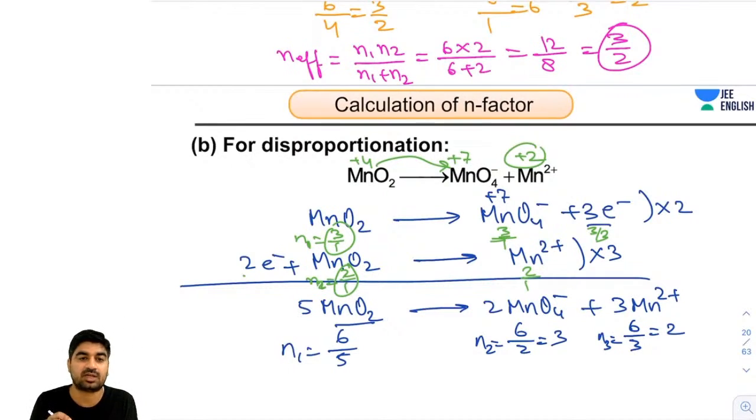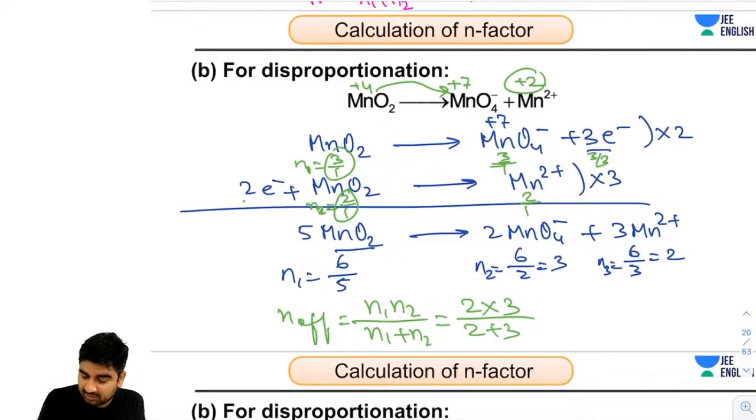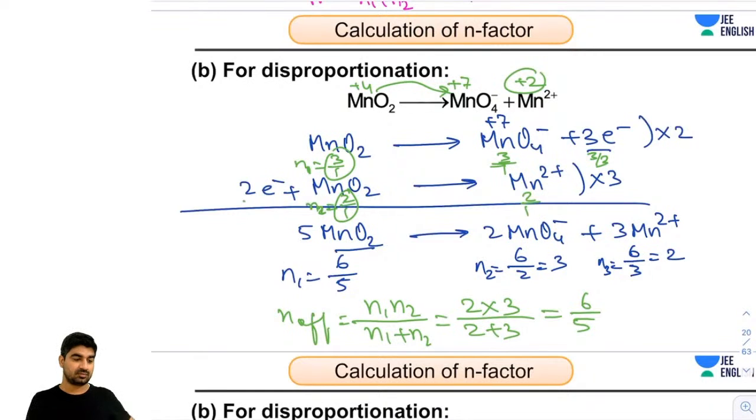So what is N effective? It will be N1 into N2 over N1 plus N2. So 2 into 3 over 2 plus 3, 6 by 5, right? Any doubt, guys? Is that clear?